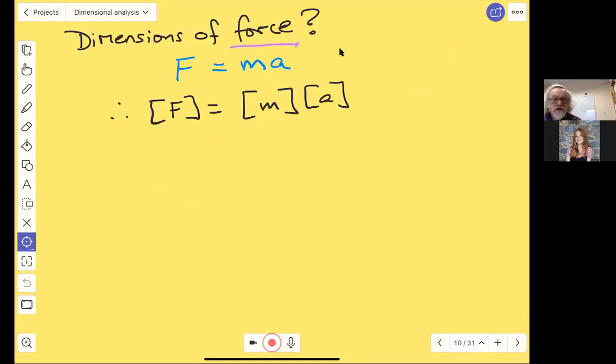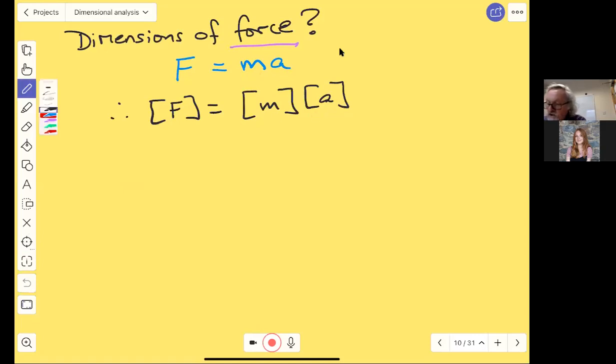Let's move on to another quantity and let's think about force. So Newton's law, F is ma, and let's think then what the dimensions of force are. So these two quantities are multiplying each other. So the dimensions of force are going to be the dimensions of mass times the dimensions of acceleration.